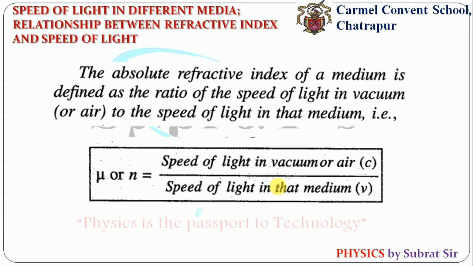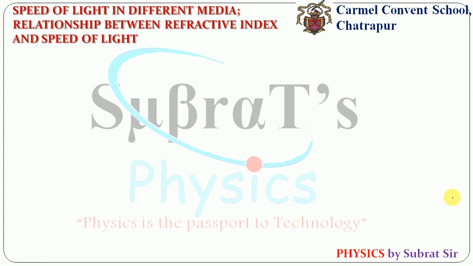Mathematically, mu is equal to the speed of light in vacuum, which we have symbolized with a small c, divided by the speed of light in that medium. This gives the absolute refractive index.